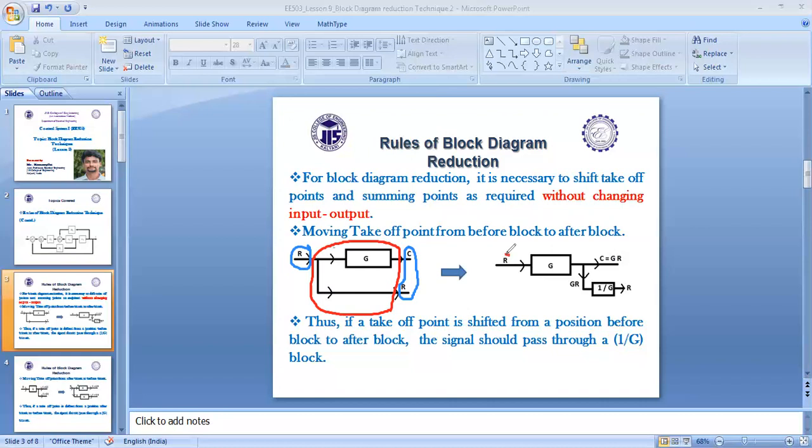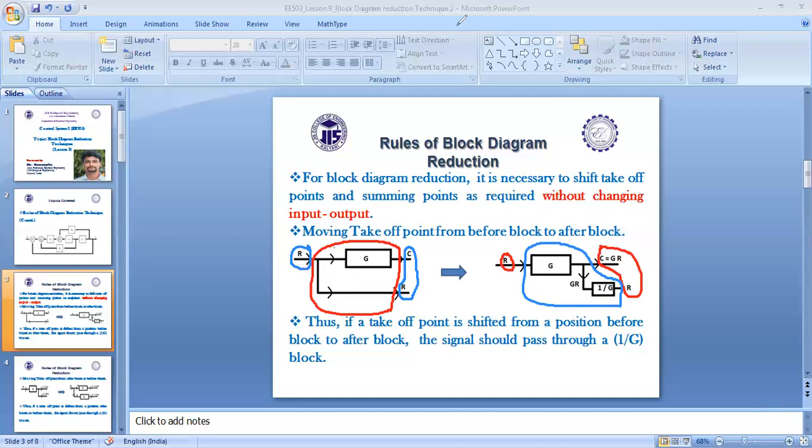So here, this one is the input, these are the outputs, and this is the system represented by the block diagram. So we can make changes in between. We should not make any alteration in input and output.